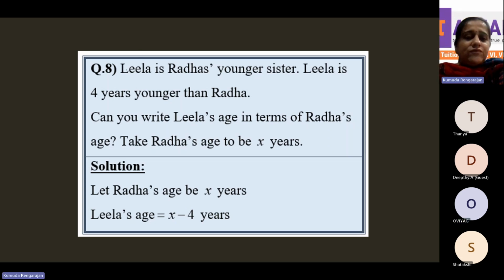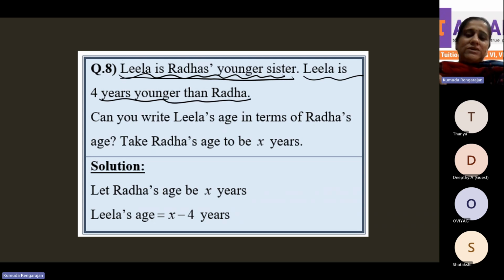That's the question. This is information: Leela is Radha's younger sister. That's information. There is nothing to answer here. Leela is 4 years younger than Radha. That's information. Now, the question is only this: can you write Leela's age in terms of Radha's age?